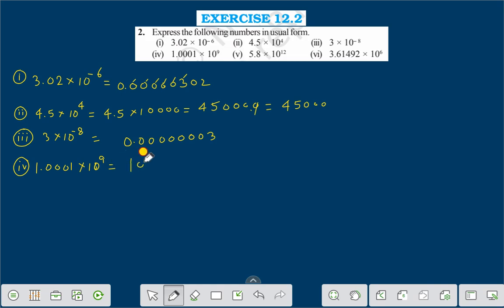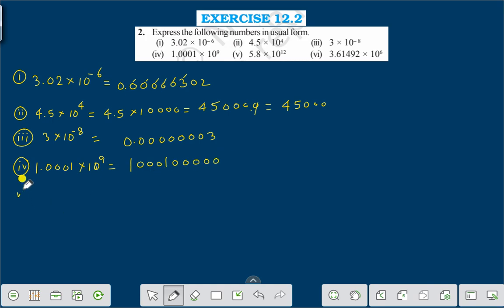The point is here, 0, 0, 0, 1. That means we are counting the digits 1, 2, 3, 4, 5, 6, 7, 8, 9. So how many zeros are there? 5. 1, 2, 3, 4, 5. This is the number 1, 0, 0, 0, 1, 0, 0, 0, 0, 0. Right? This is question number 4.